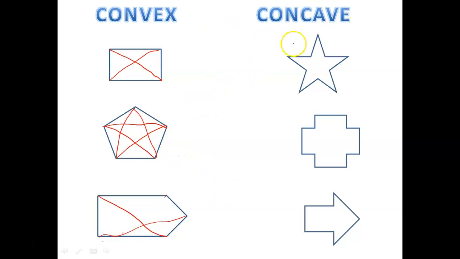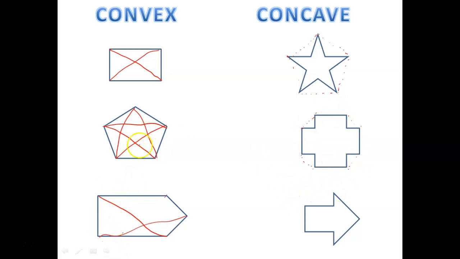Okay, so we go over to the concave polygons. From these two non-consecutive points, if I connected them, they are on the exterior of the figure, you see? Same thing here. Any two non-consecutive points, they are not on the interior of the figure. It is concave.